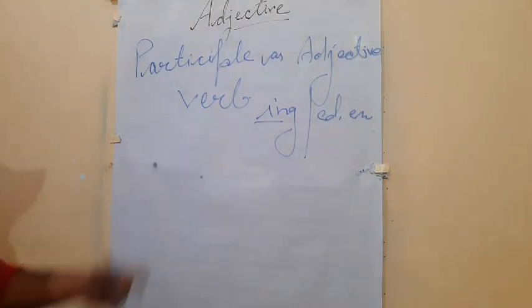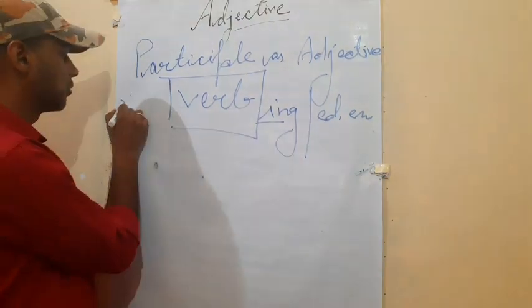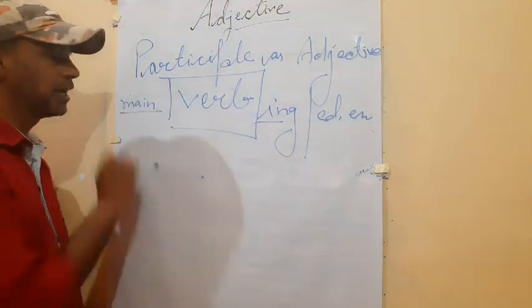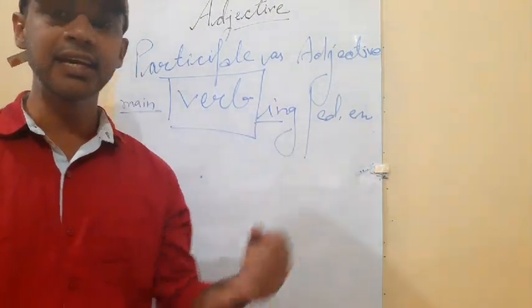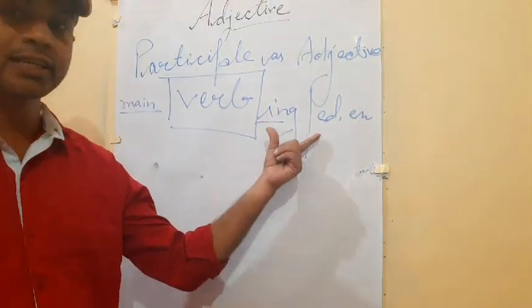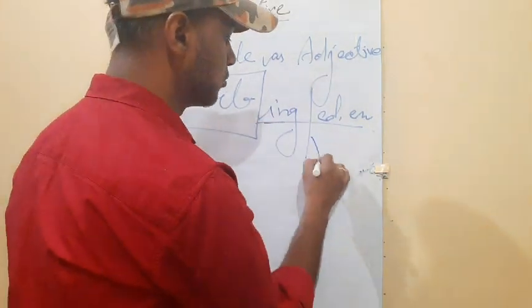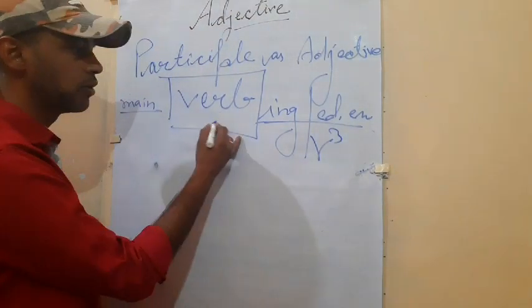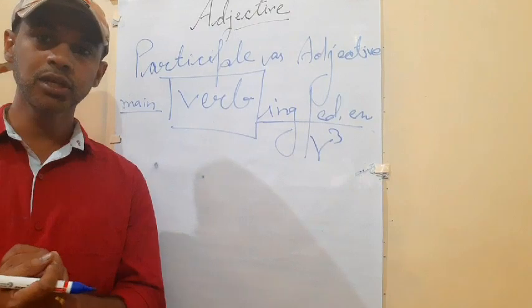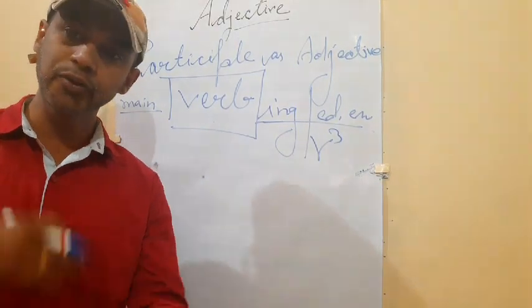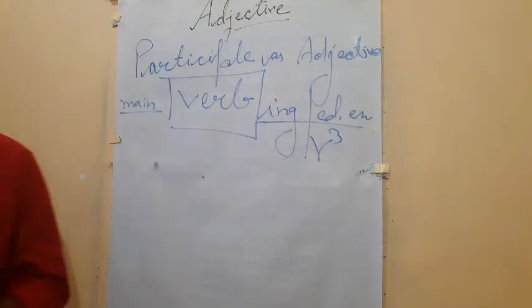Participle adjectives mean we are indicating the main verb. The ed and en form is also known as the past participle or the verb third form, and this is the verb ing form. So whenever we use verb ing or the verb third form and quickly write a noun, then that will be known as a participle adjective. Clear?